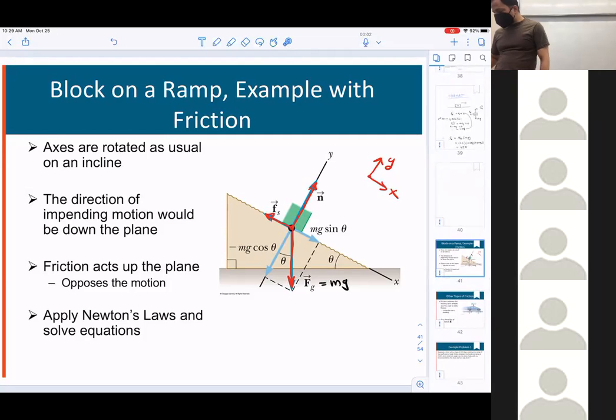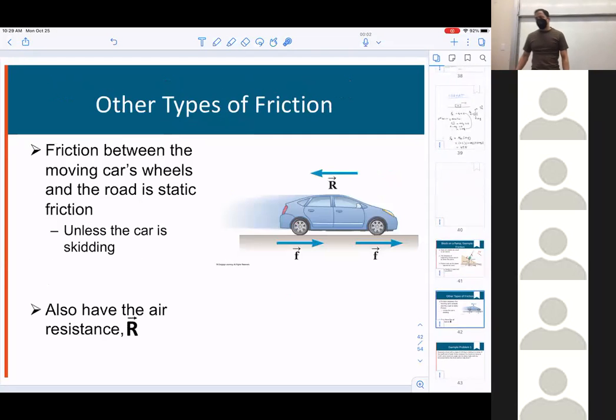Before I do the example, let me also quickly mention that there are other types of forces of friction. For example, there can be wind resistance or air resistance. In this class, we will mostly be dealing with the force of friction between surfaces.